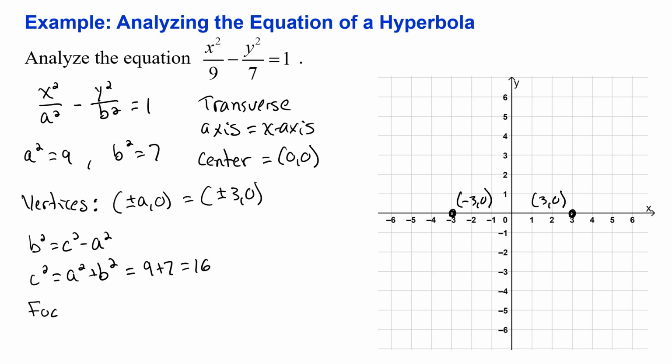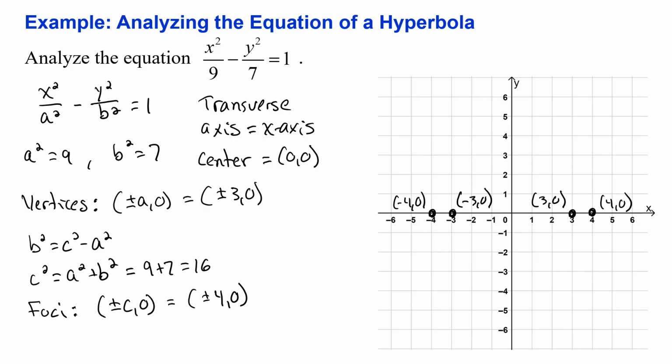So the foci are a distance of c from the center, lying on the transverse axis. So these will be located at the points plus or minus c comma 0, which will equal plus or minus 4 comma 0. So on our coordinate grid, let's plot f sub 1 at negative 4 comma 0 and f sub 2 at 4 comma 0.